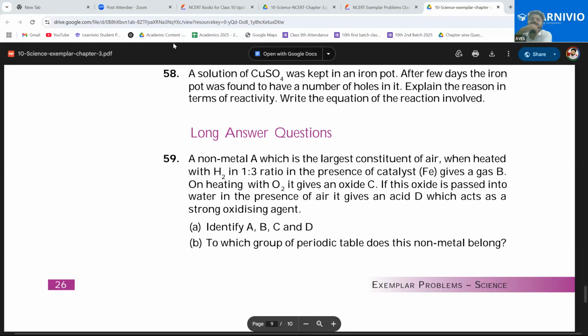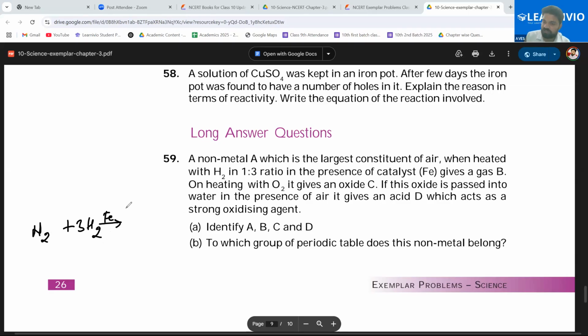A non-metal A is the largest constituent of air. Which non-metal is the largest constituent of air? Nitrogen. So nitrogen is A. Nitrogen exists in the atmosphere in the form of N2. It reacts with hydrogen in the ratio 1:3 in the presence of Fe as a catalyst and gives the gas B. Which gas is that?